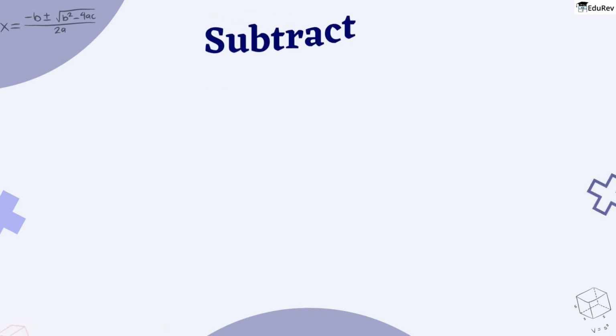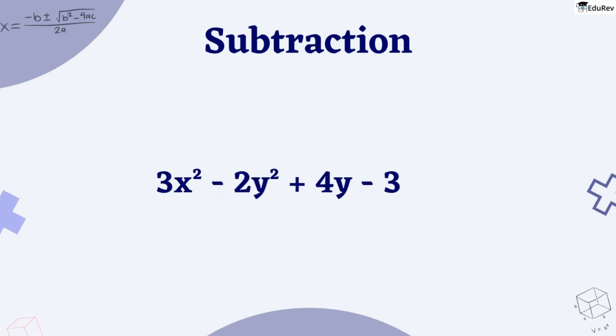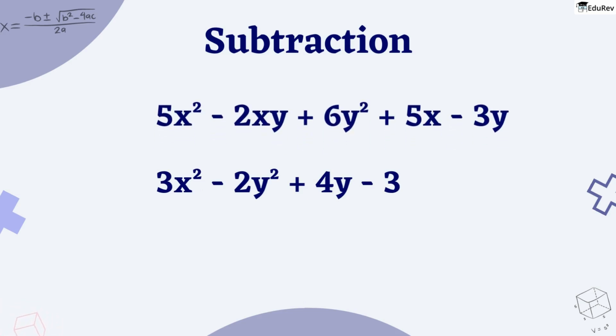Next we move on to subtraction. We subtract 3x² - 2y² + 4y - 3 from 5x² - 2xy + 6y² + 5x - 3y.